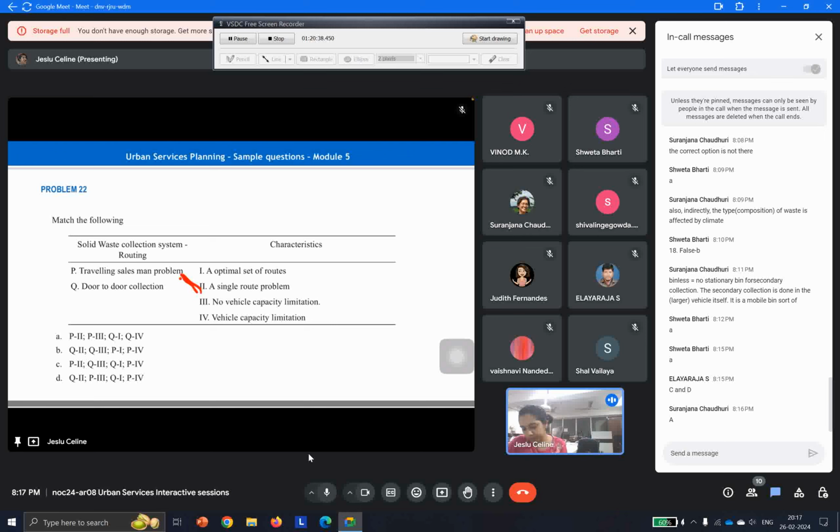Vehicle capacity limitation is also there because it's just one vehicle. Now, door-to-door collection, optimal set of routes, and no vehicle capacity limitation. Yeah. In a door-to-door collection system, you will have multiple small vehicles going. So you can have an optimal set of routes and no vehicle capacity limitation. So that works out to option A. Yeah, option A, correct.